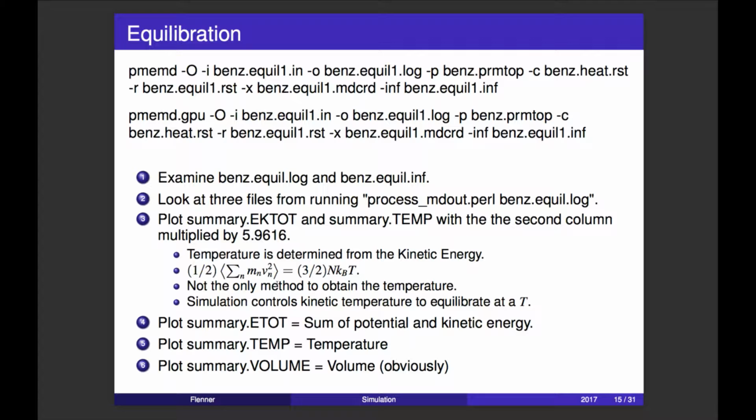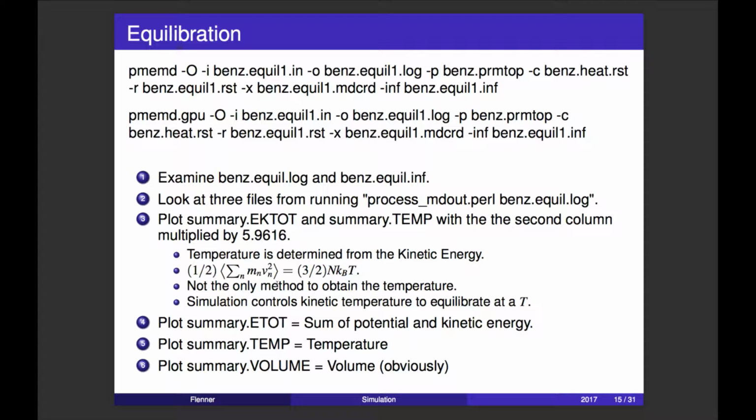The point is that the temperature is determined from this total kinetic energy. So it's what we call the kinetic temperature. And that is just the average of the mass of the particle and the velocity squared, which is related to the temperature.